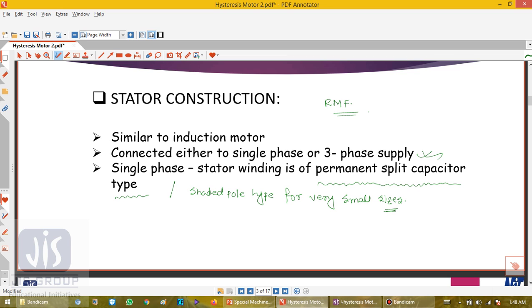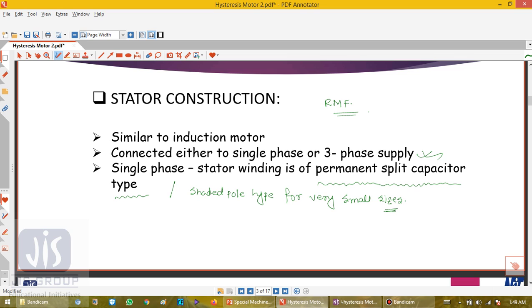In case of the permanent split capacitor type, the capacitor is used with an auxiliary winding in order to produce a uniform field, such as we have seen in the case of the single phase induction motor.